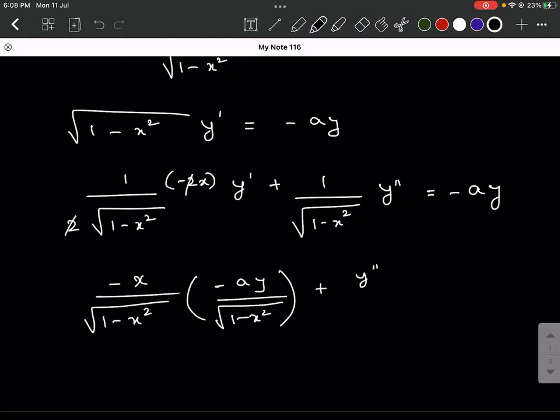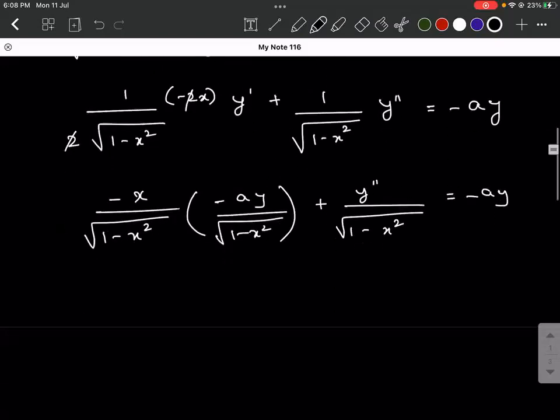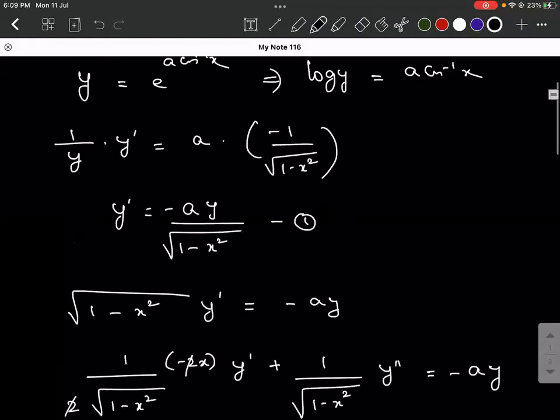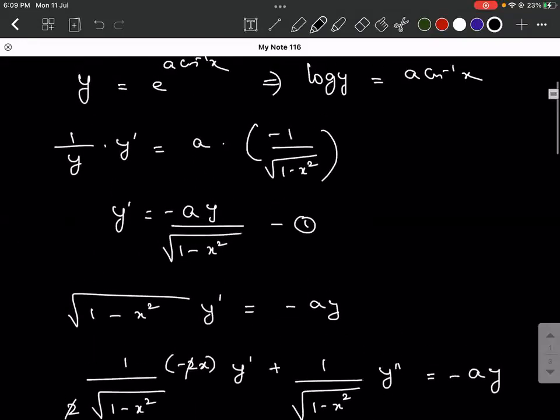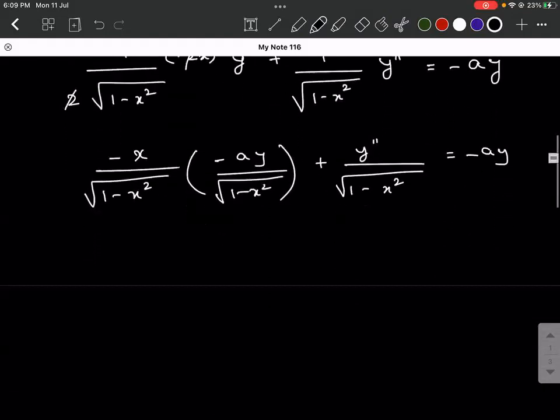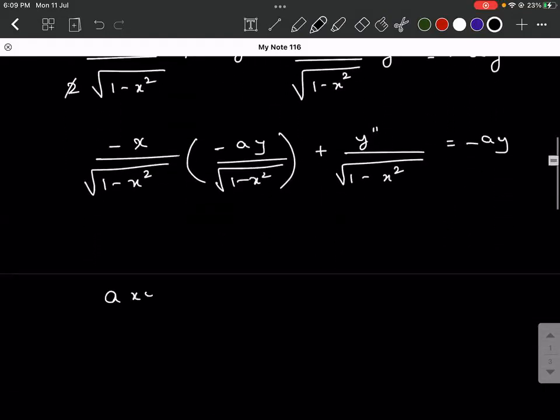Plus y double dash divided by root of 1 minus x square is equal to minus ay. Did you understand what I did?